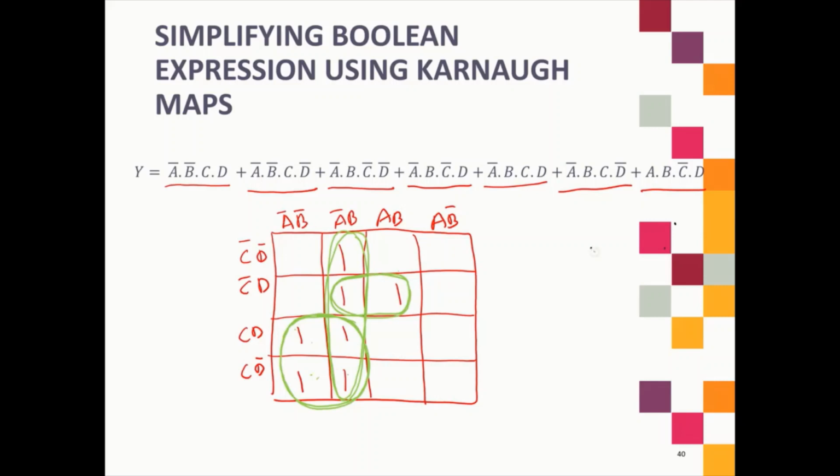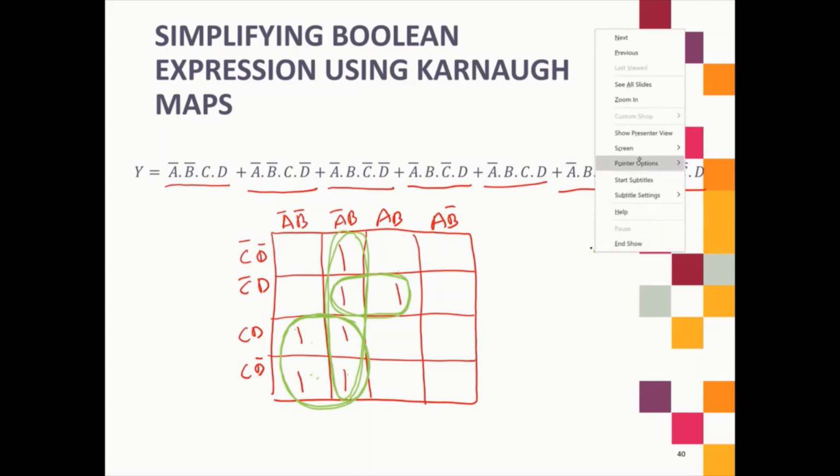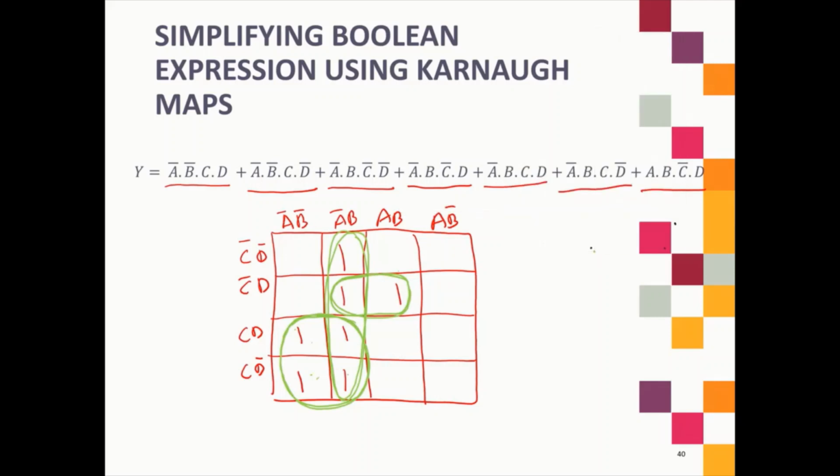Next step is to find the simplified product term. For this loop, the simplified product term is A bar and C, because this is a group of 4, so you need to find 2 variables.